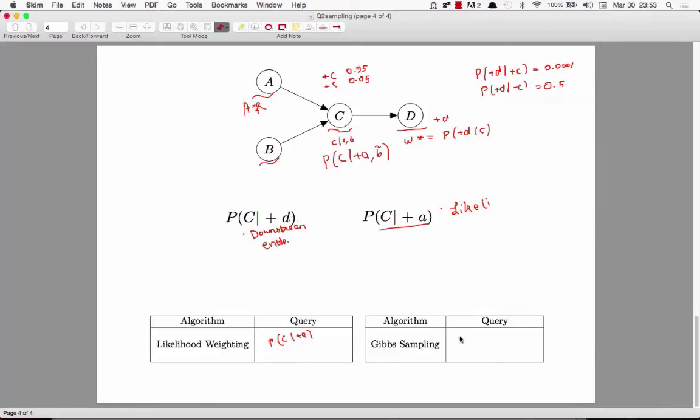If you remember the Gibbs sampling update, it first assigns something to all variables and then keeps updating the value for each variable. So it would have first assigned some value to all the variables, and then when it would update C, it would also be taking into account the evidence downstream. So basically Gibbs sampling can take into account downstream evidence, and due to that, we'll use this to estimate the other query which has downstream evidence.